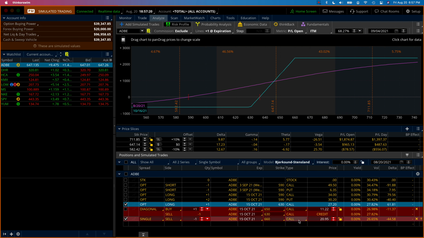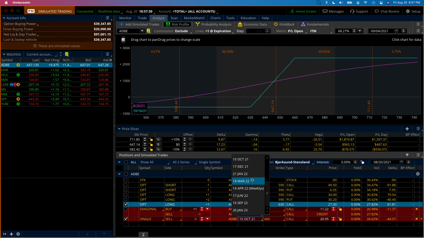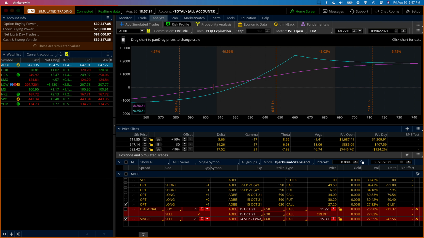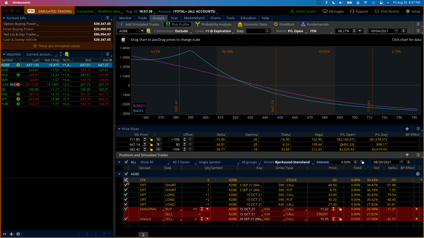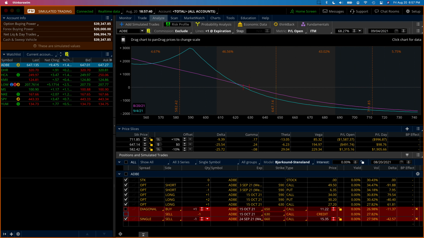Okay, that's one thing you can do. I don't particularly like that. You can lower the strike price or change the expiration to an earlier date. Whatever you decide to do, make sure that your chart graph makes sense. If we were to do that, though, it would be very negative, very bearish, and I'm not bearish at all on Adobe, so I'm not going to do anything.